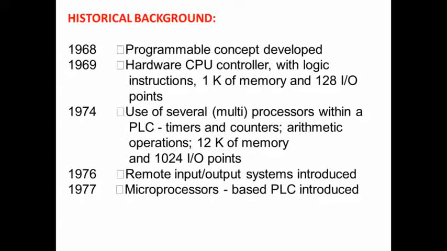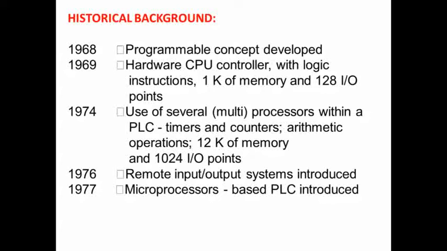In this way, the PLC was developed. Now, the first PLC was developed by the Hydramatic Division of the General Motors Corporation, which specified the design criteria for the first programmable controller in 1968.